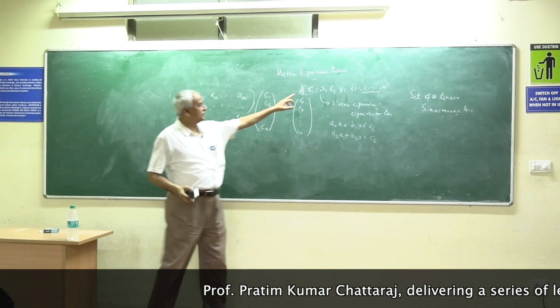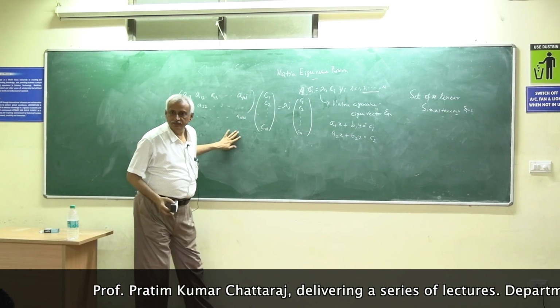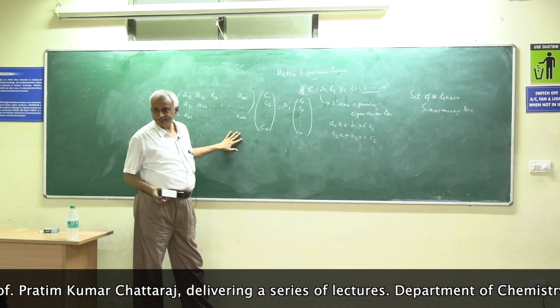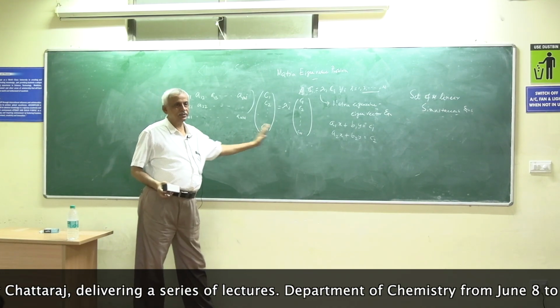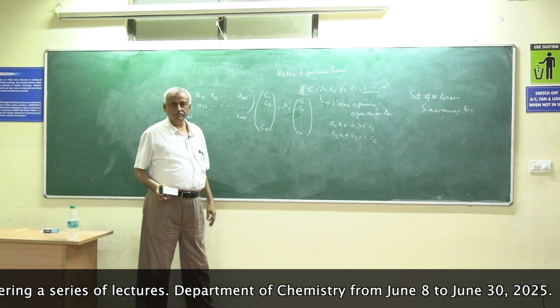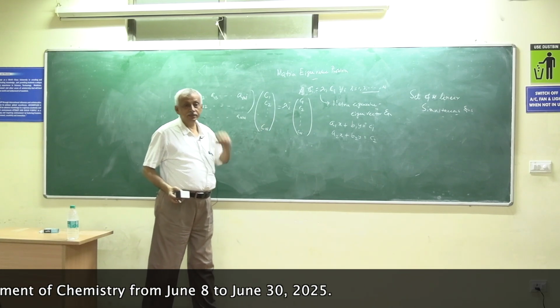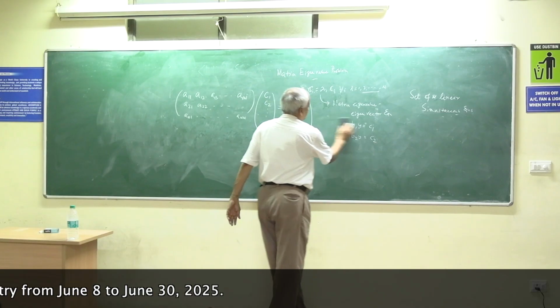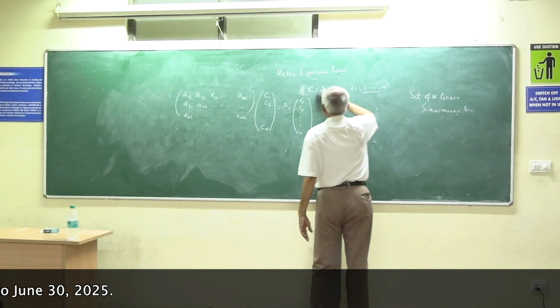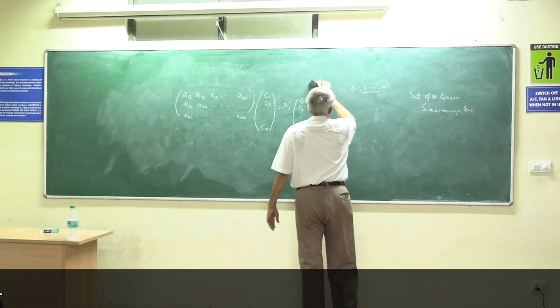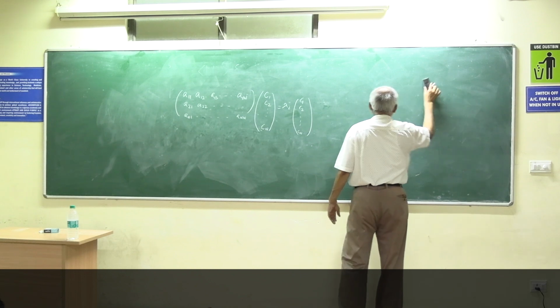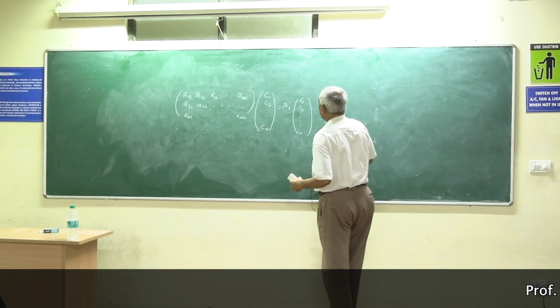So this is your A C_i equal to lambda_i C_i. I have written it like this, isn't it? The same equation where the matrices are written explicitly. If you expand this, what do you get?